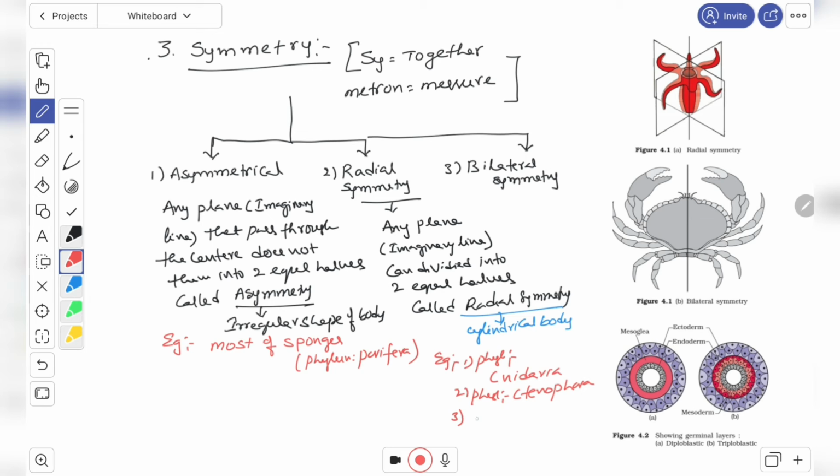Third one, phylum Echinodermata. But very important, that one is adult echinoderms. Only the adult echinoderms are called radial symmetrical animals.